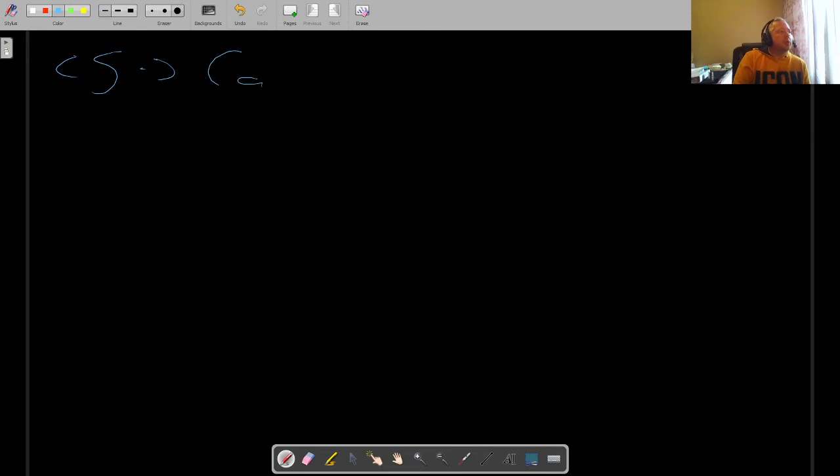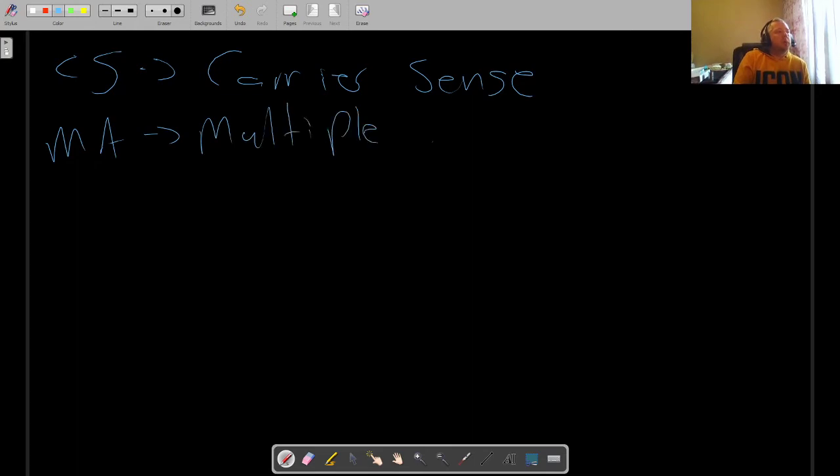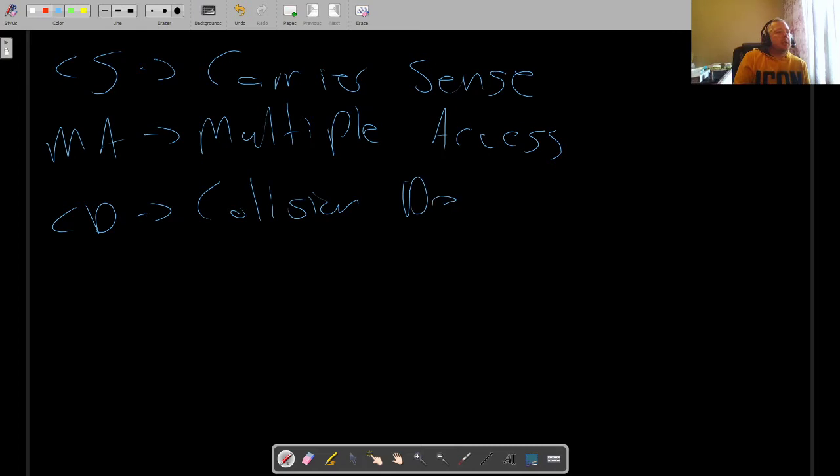First of all, we need to know that CS stands for something called carrier sense. MA stands for multiple access, and CD stands for collision detection. So what does this mean?